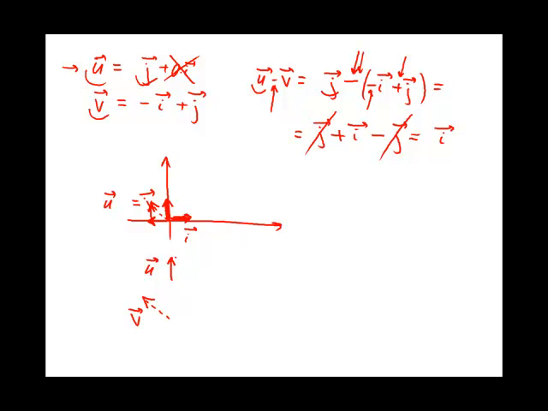To find u minus v, I need to attach to the end of u the start of minus v. So from this point, I draw minus v. Minus v. The vector which is opposite to v in direction and having the same length. Then I connect the start of u and the end of minus v. And this vector is nothing else but i.